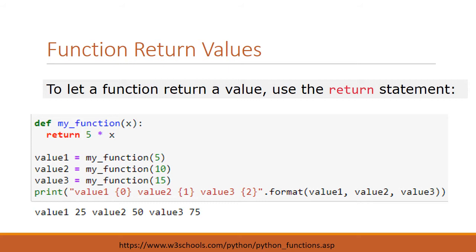We evaluate the expression 5 times 10. We return that value to the calling program. That value is assigned to the variable value 2. Lastly, we pass in the argument 15. 15 is assigned to x, and we return the value 5 times 15. Lastly, we print value 1, value 2, and value 3.